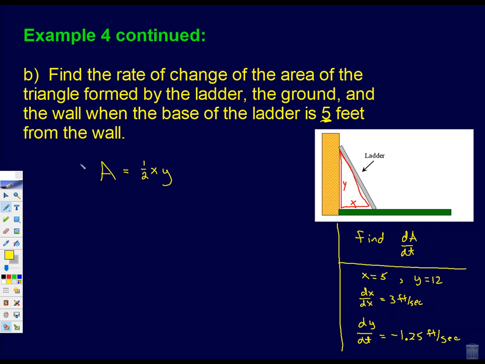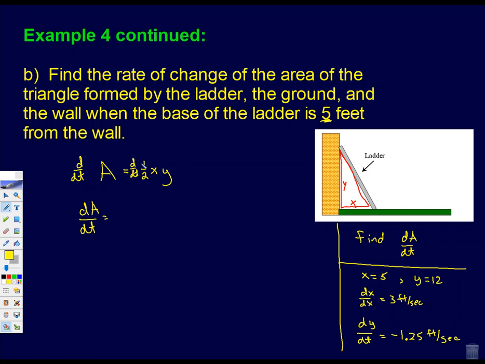So let's apply a derivative now to both sides. On the left side, obviously, we're just going to get dA/dt. But now on the right side, I actually have a product, so don't forget we're going to need the product rule here.